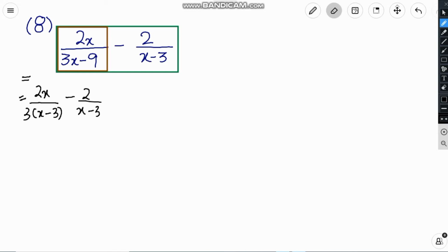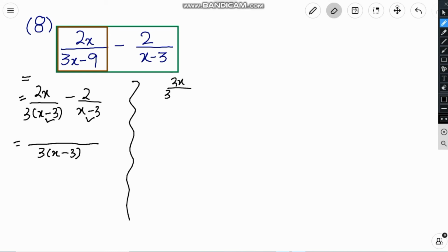Now look at the denominator. x minus 3 appears twice, so just write it only once. Your LCM is 3 into x minus 3. So again repeat your method as usual. Take the first rational expression, 2x over 3 into x minus 3.